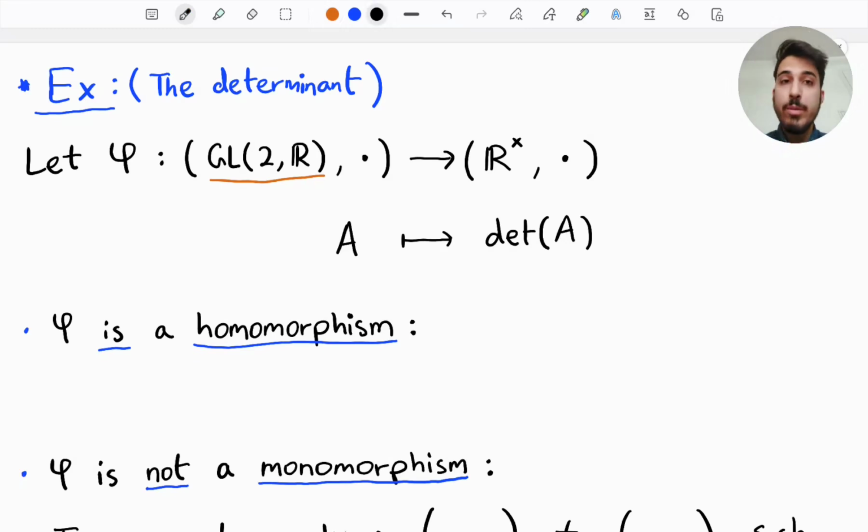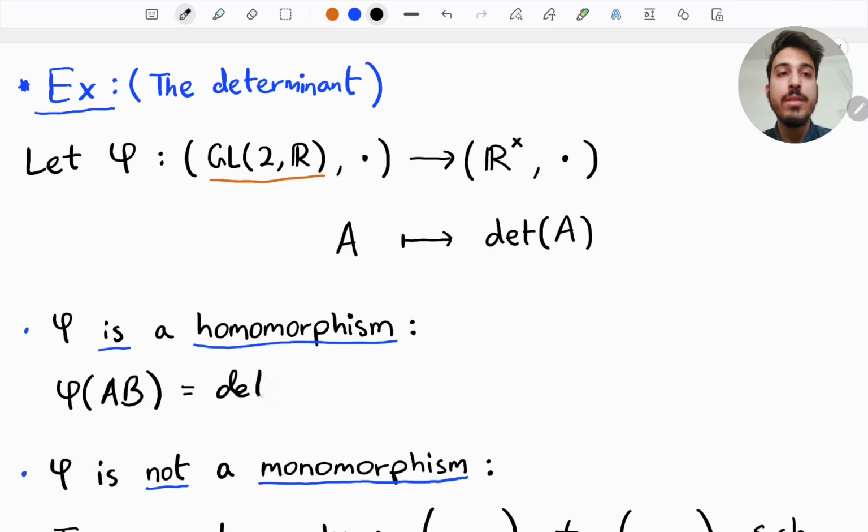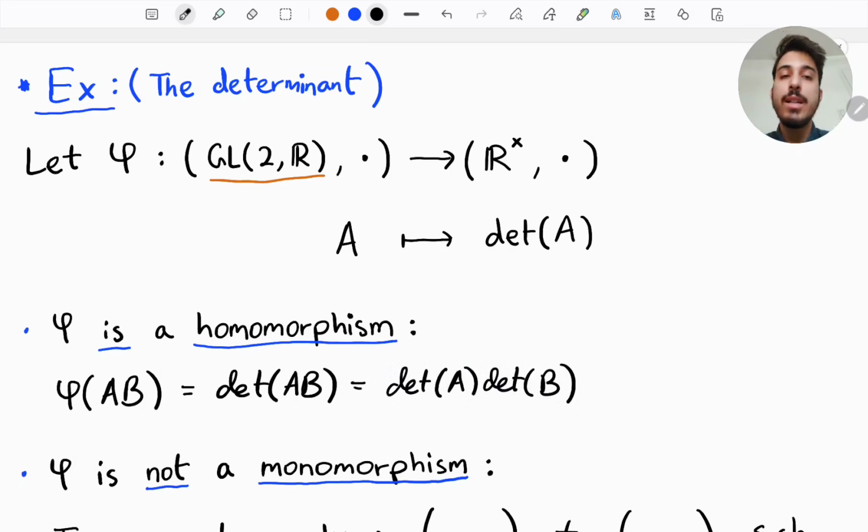Okay, phi is a homomorphism because phi of some matrix A times B is equal to the determinant of A times B, but we have already seen in lesson 6 of the course that the determinant of AB is equal to the determinant of A times the determinant of B, and so we can just replace it back with the definition of phi.